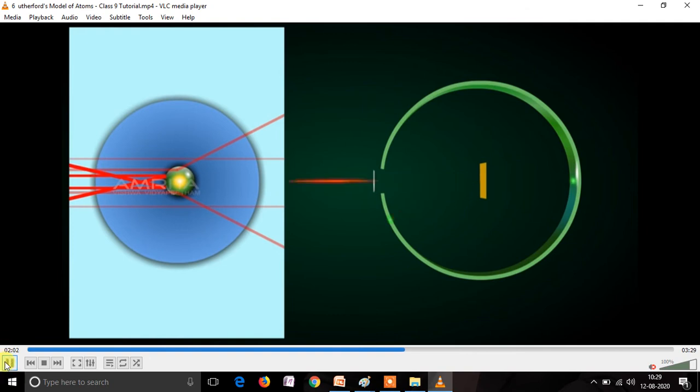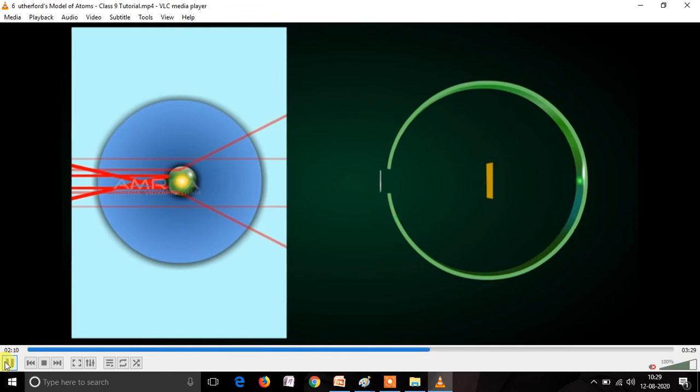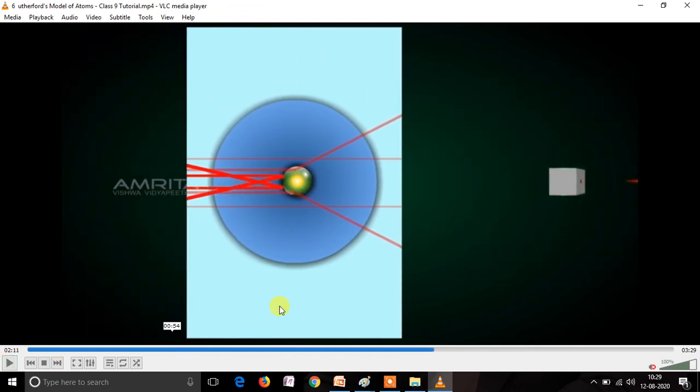Thus, Rutherford came to conclusions about the arrangement of protons and electrons in the atom.